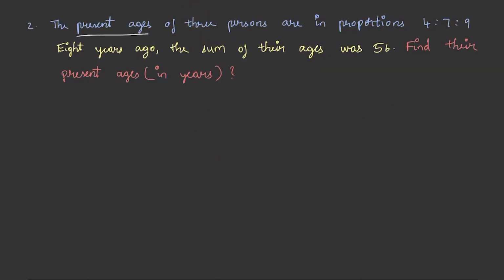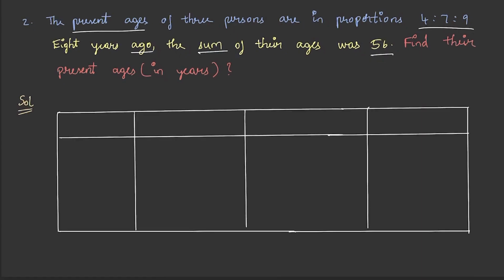The present ages of 3 persons are in proportion 4 is to 7 is to 9. 8 years ago, the sum of their ages was 56. Find their present ages. In the previous question, we were asked to find out the ratio after 4 years. But here, we need to find the present ages. We shall divide the question into parts and drop them in these columns. Present age ratios of 3 persons.